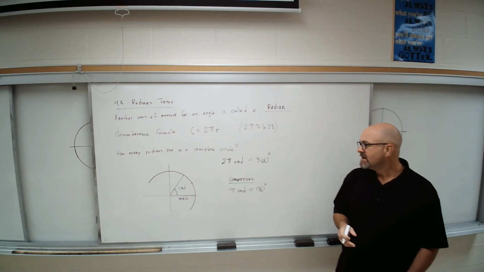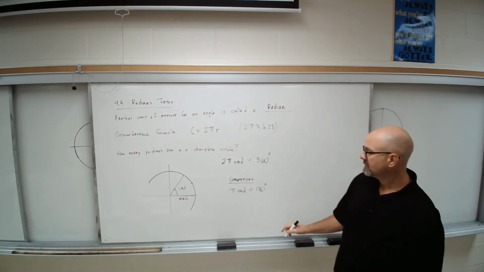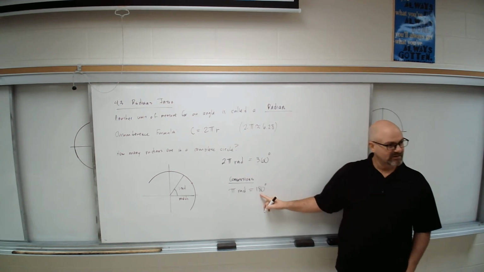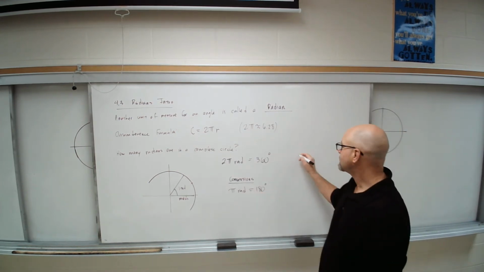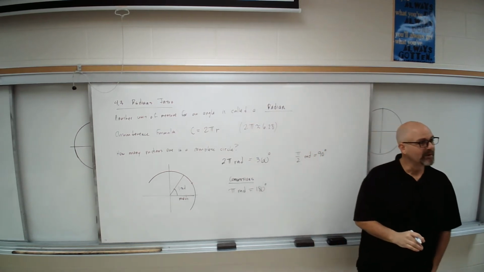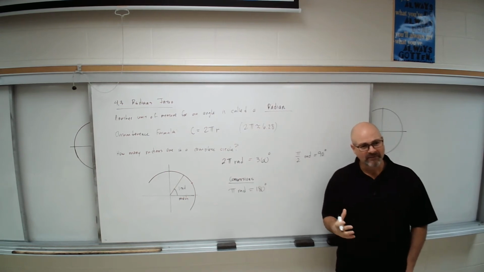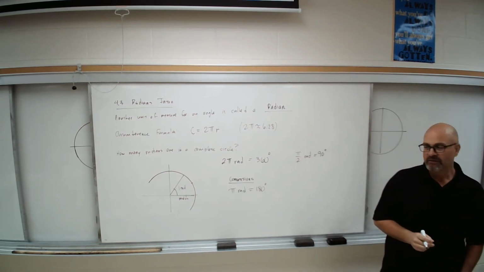It makes it nice. So how many radians do you think there are in 90 degrees? Well, you can divide both sides by 2, so we get that there's pi over 2 radians in 90 degrees. We write it as pi over 2. You rarely ever see it written as 1/2 times pi. It's always going to be pi over 2.